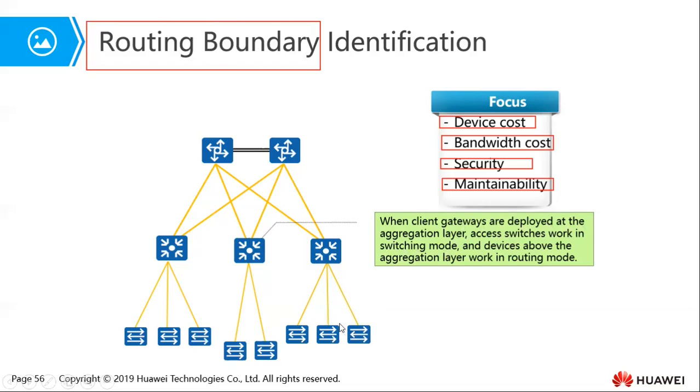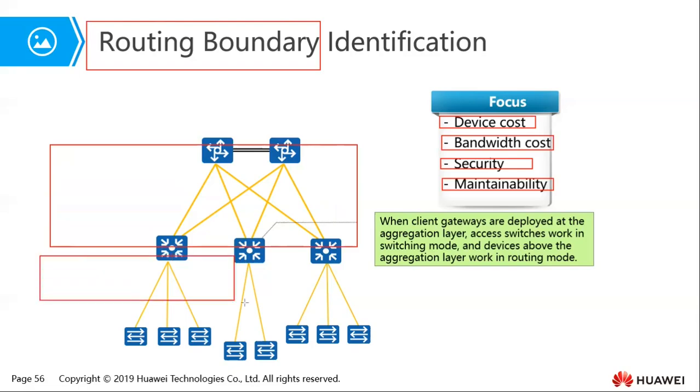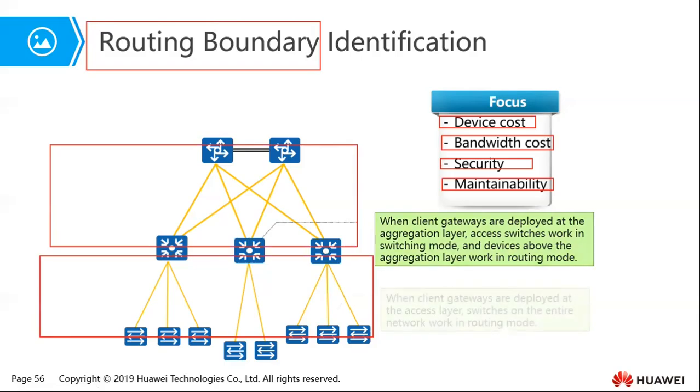They forward data based on layer 2, and the devices above the aggregation layer work in routing mode. What that means is this: here we're working in routing mode, while here we are working in switching mode. We are working at layer 2 here, but at the top we're working at layer 3.